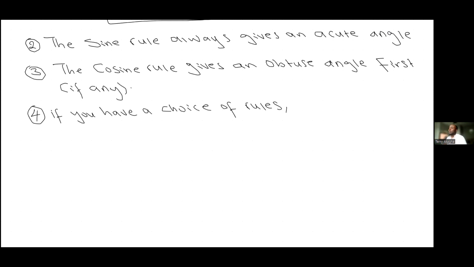So you should use the cosine rule to find the largest angle first.